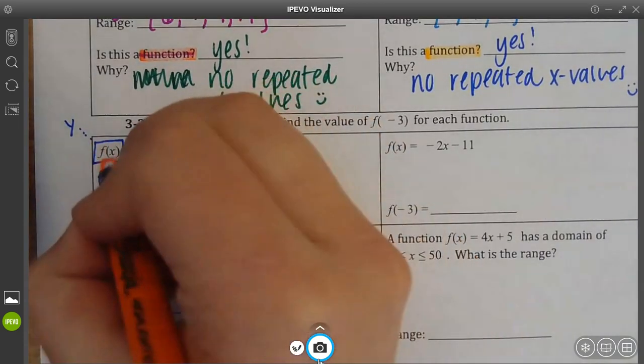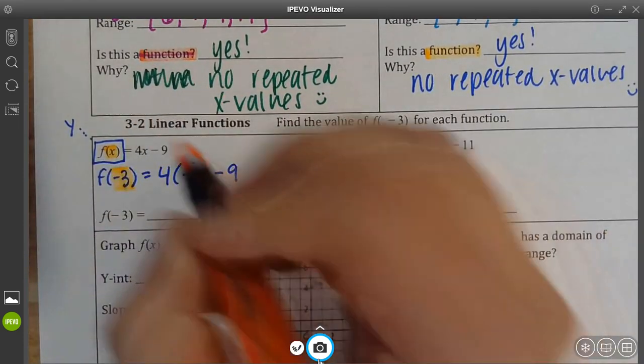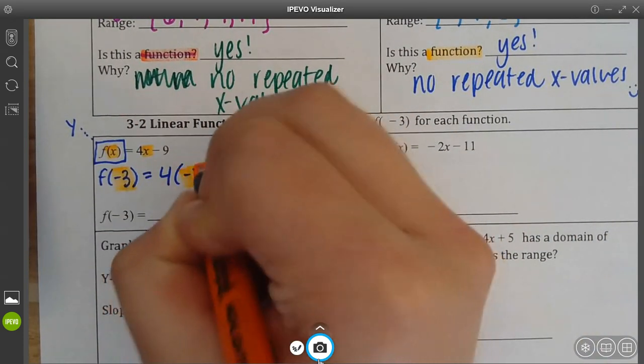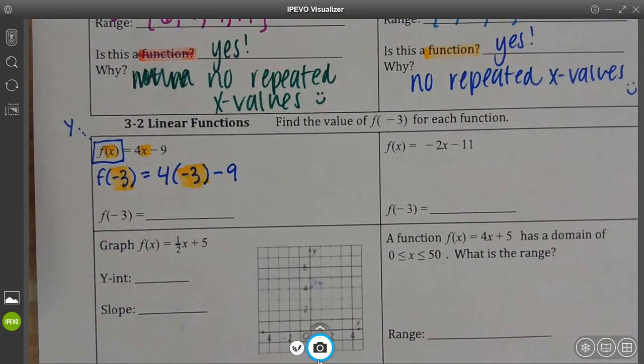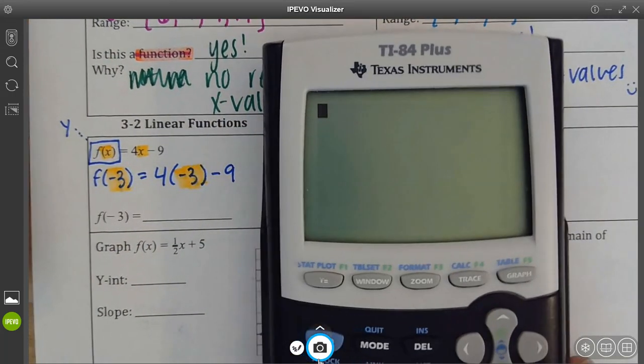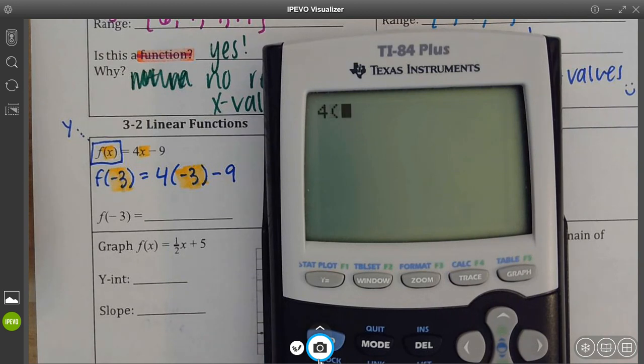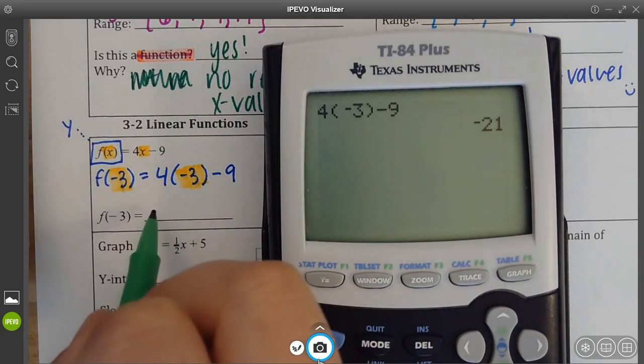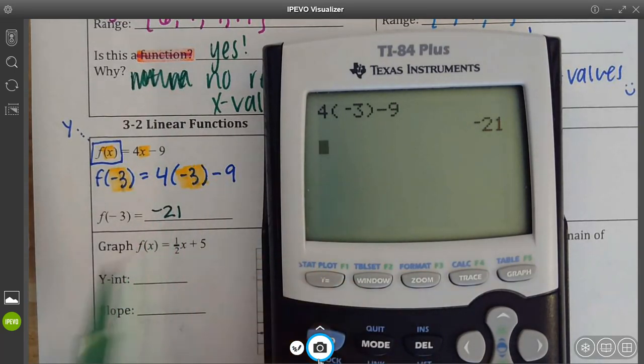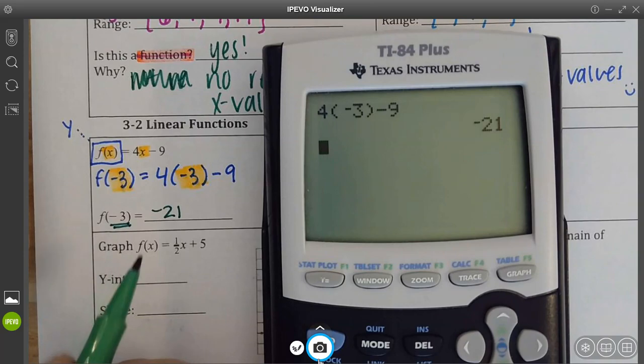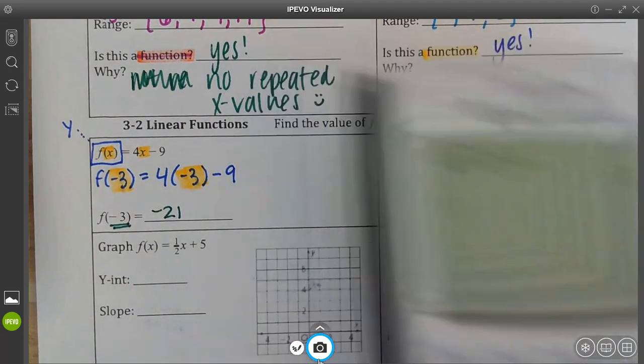And this is something that I like to go ahead and simplify in my calculator. I always use parentheses when I plug in a number, and I simplify. My answer is -21. You can think of the -3 as the input, and the -21 is the output.